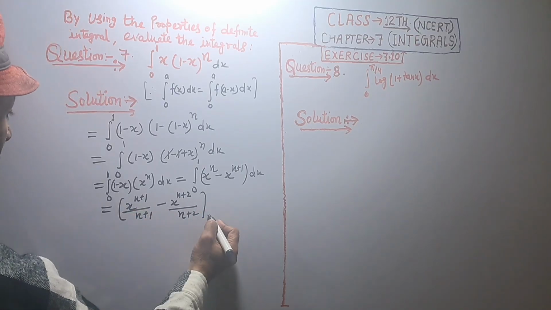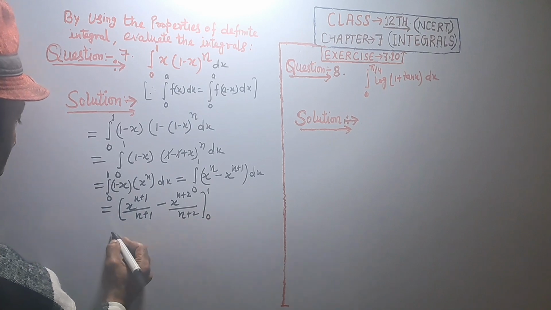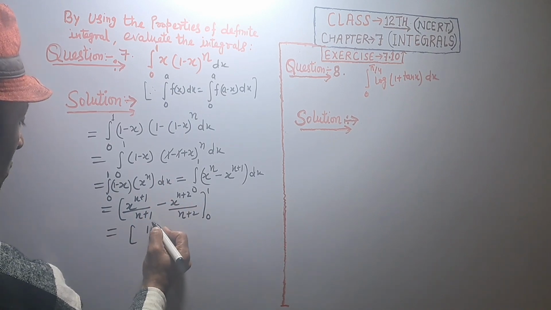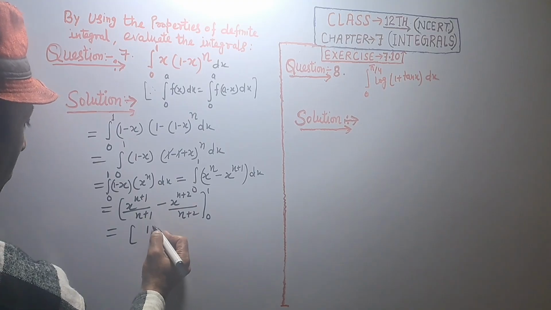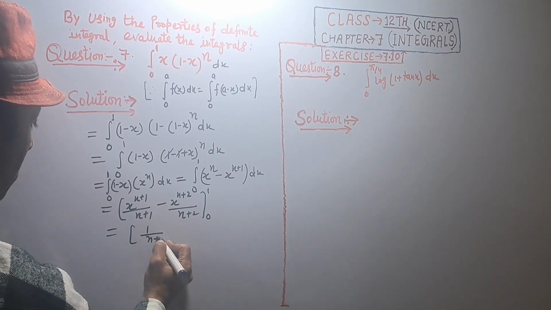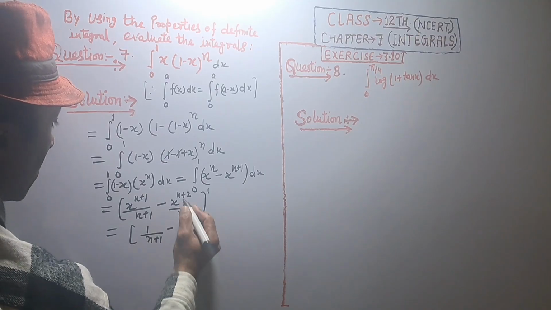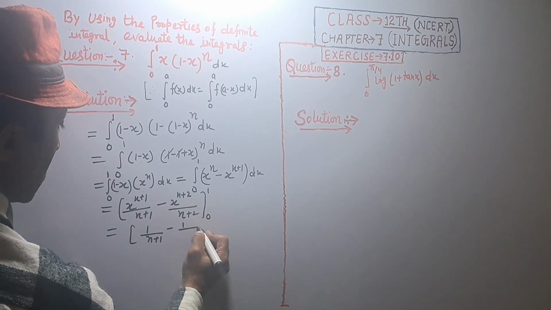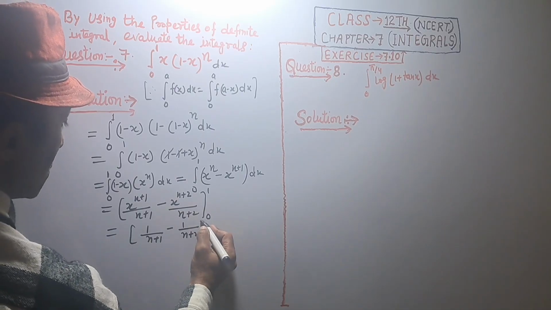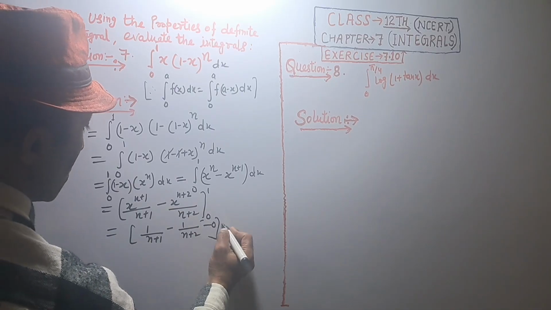But limit lies 0 to 1. So we get upper limit: 1 raised to power n plus 1 is 1 divided by n plus 1, minus 1 raised to power n plus 2 is 1 divided by n plus 2, and lower limit is 0 minus 0.